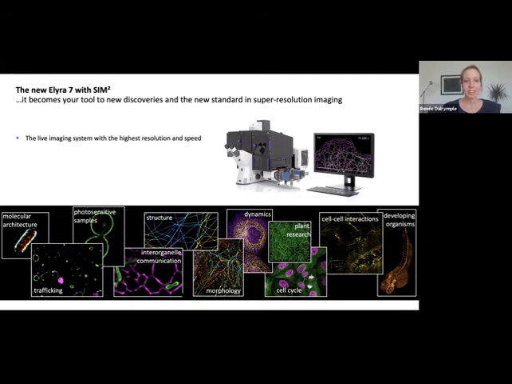So with that, the Elyra 7 platform truly becomes a very versatile tool to hopefully help everyone push the boundaries of their research into areas that previously had that gap that really needed to be filled.